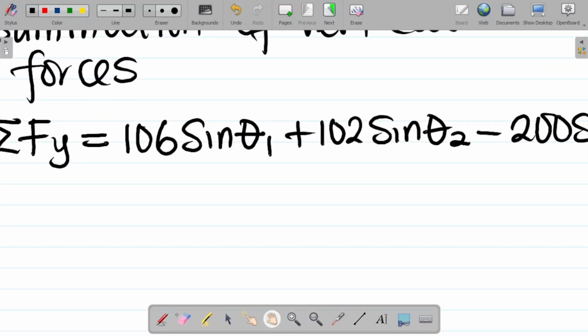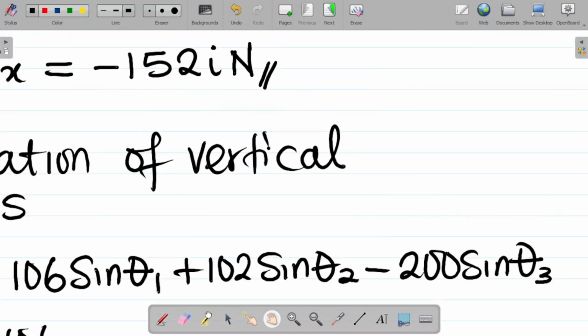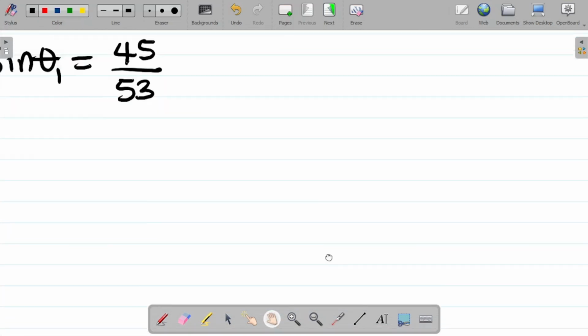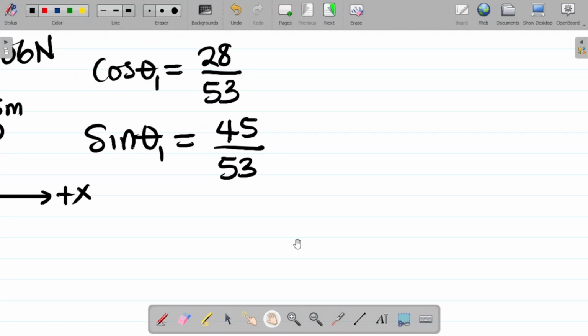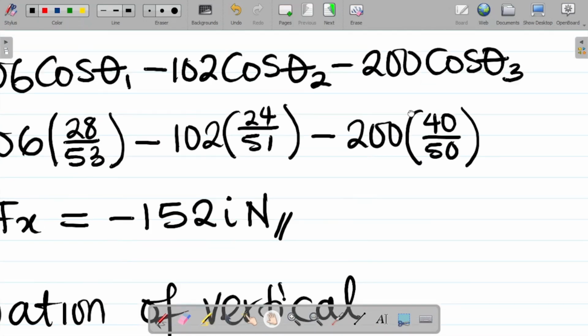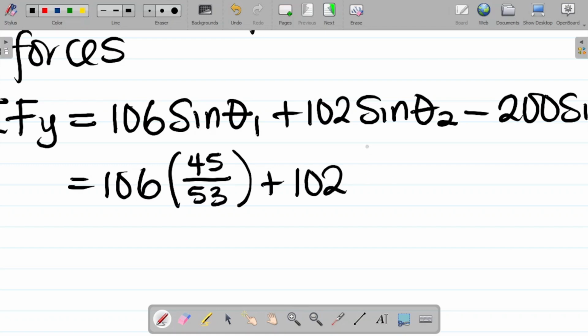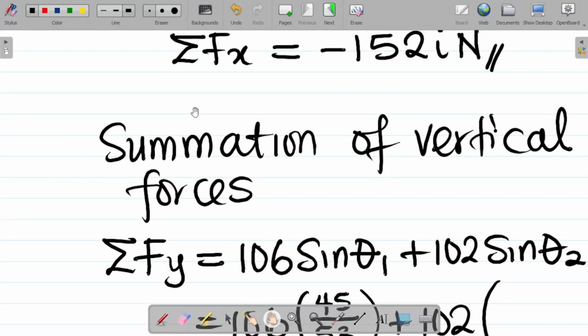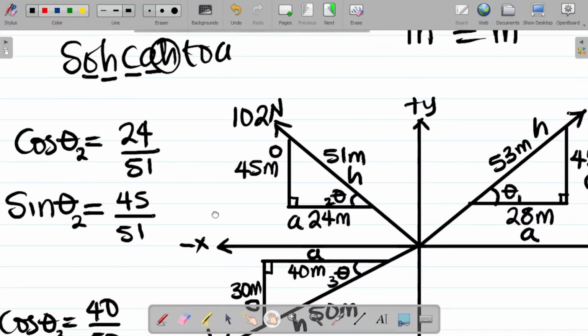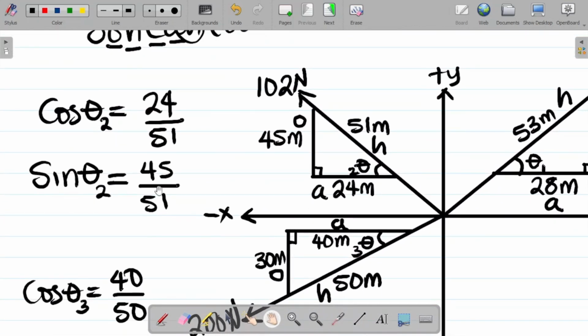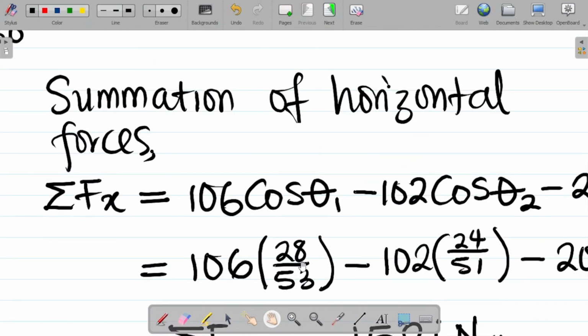We have this. All right, let's input values. This is equal to 106. What is sine theta 1? Sine theta 1 is 45 over 53. I have 45 all over 53 plus 102. What is sine theta 2? Sine of theta 2 is 45 over 51.